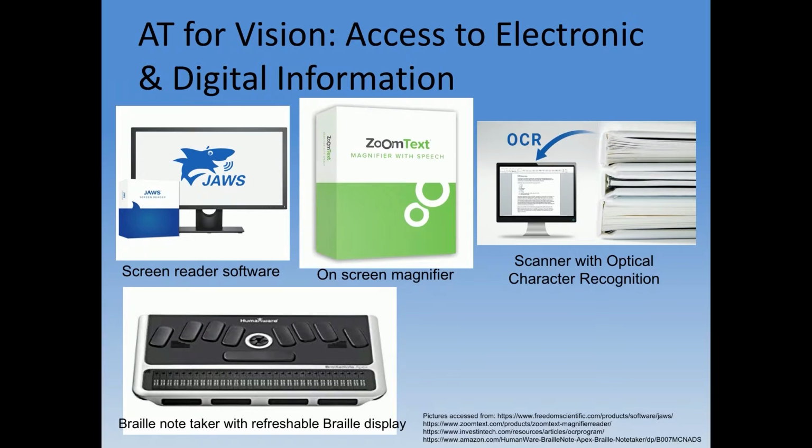Or if I have low vision, I can use software like ZoomText, and this again would magnify the screen exponentially, more than what the settings in your Microsoft or iOS application can do. Or I can use hard copy material, scan them in our office scanner, and then have that read back to me.